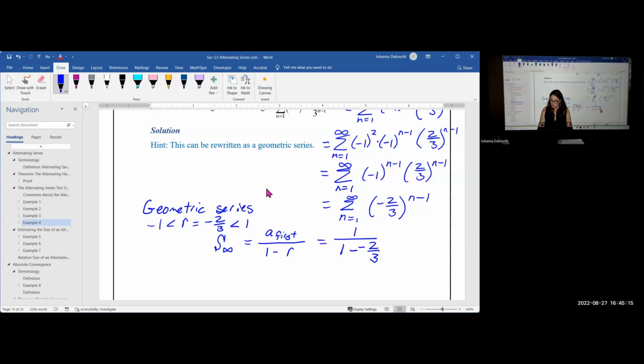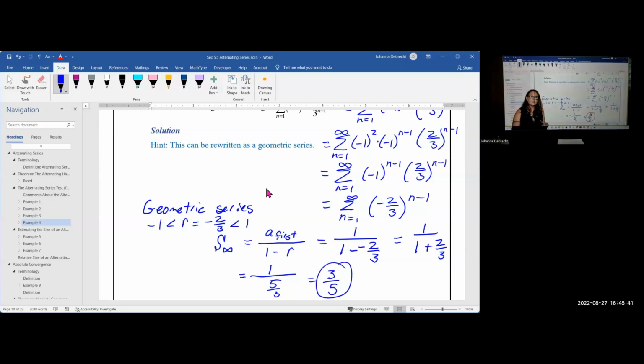Notice that gives you a double negative, so that gives you 1 plus 2/3. Then you need a common denominator: 3/3 plus 2/3, which is 5/3. So you have 1 divided by 5/3, which becomes 3/5.